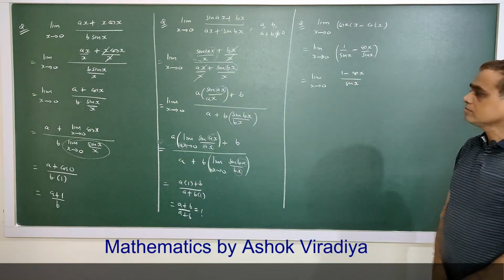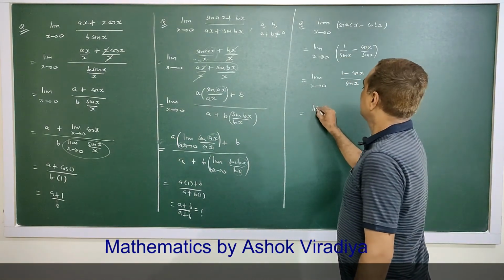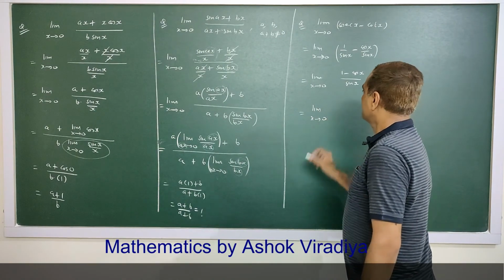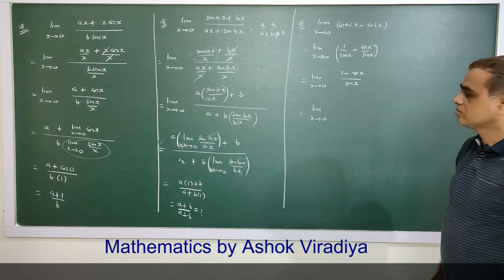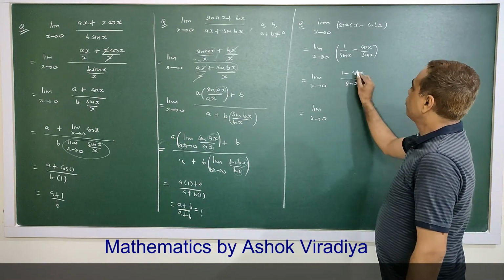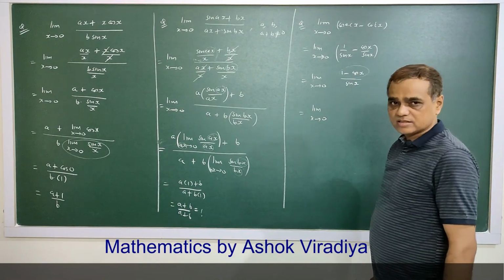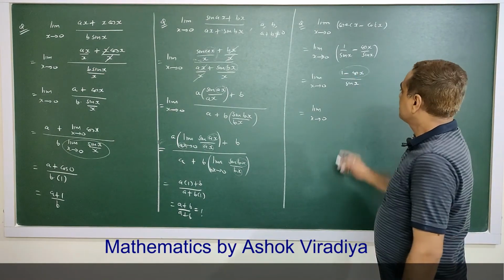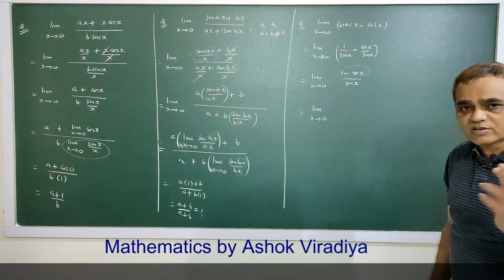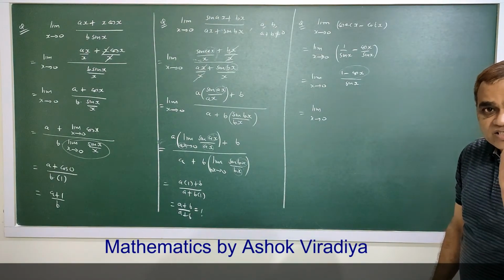So this is limit x tends to 0. Say here 1 minus cos x. We have one result: 1 minus cos x upon x, its limit is 0.